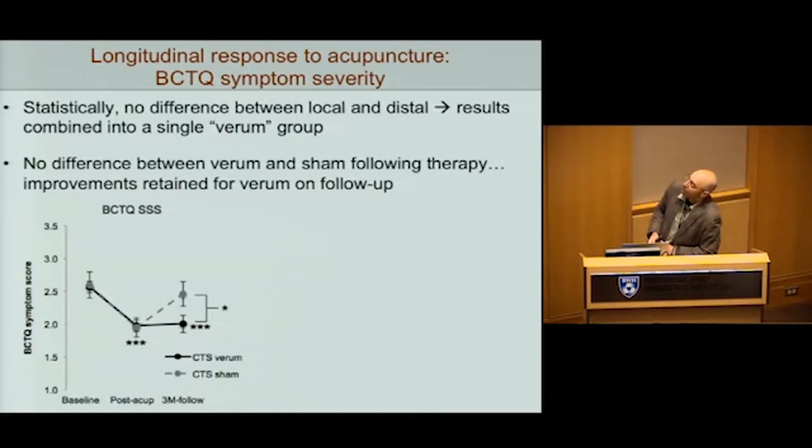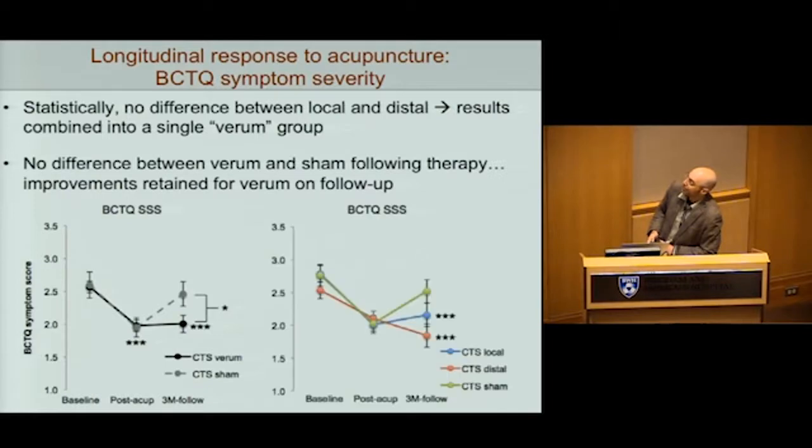In that case, there was no difference between any of the groups, whether Verum or sham, for the post-acupuncture time point compared to baseline. Everybody got better, basically. When we looked at the long-term follow-up, though, there was a difference: the CTS Verum group retained their improvement at the 3-month outcome, whereas the sham group did not. They reverted back closer to the baseline condition.